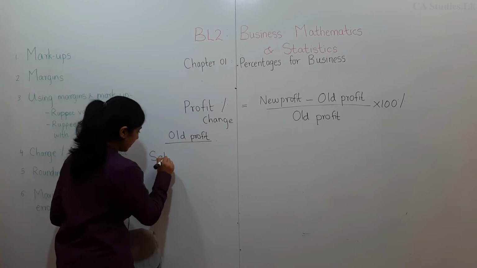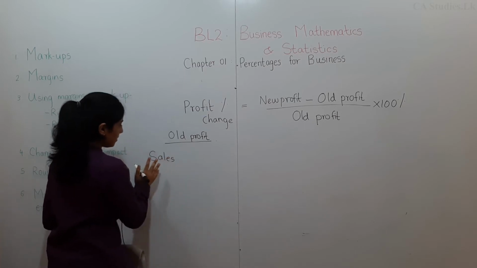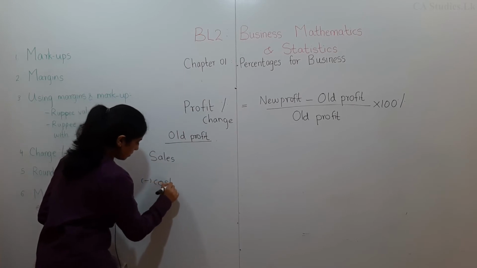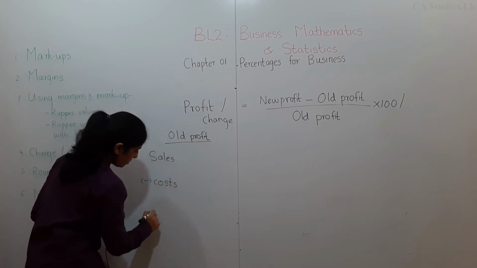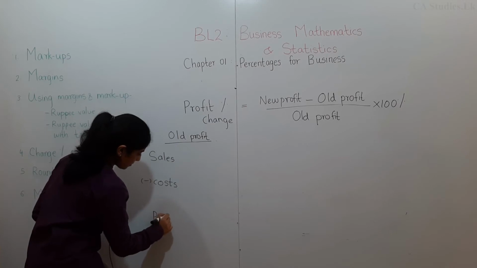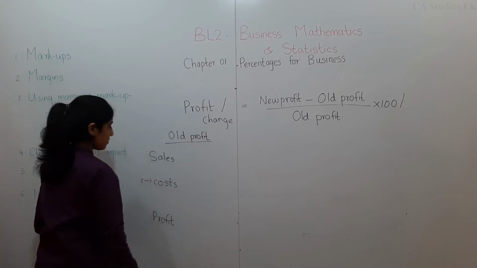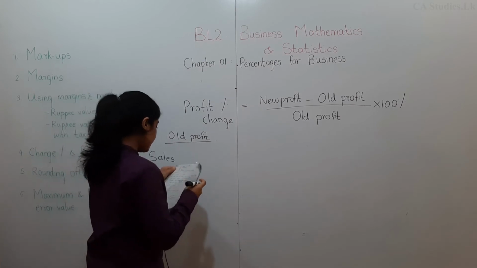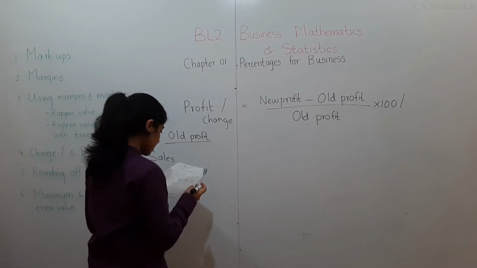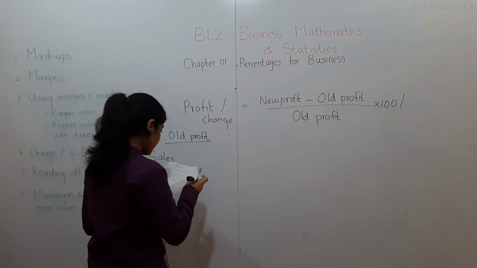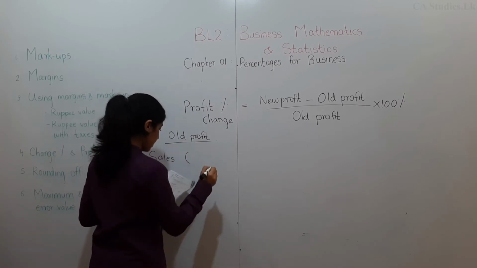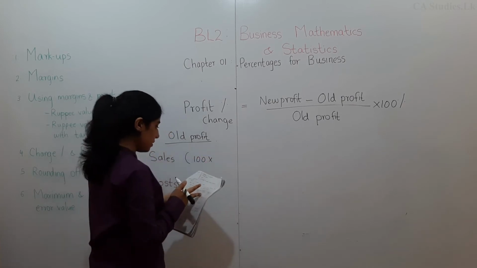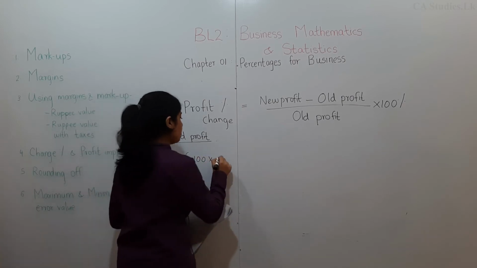The format is sales minus cost equals profit. Now for sales, they gave the original selling price of 100 rupees, into how many units they are going to sell, 1000 units.